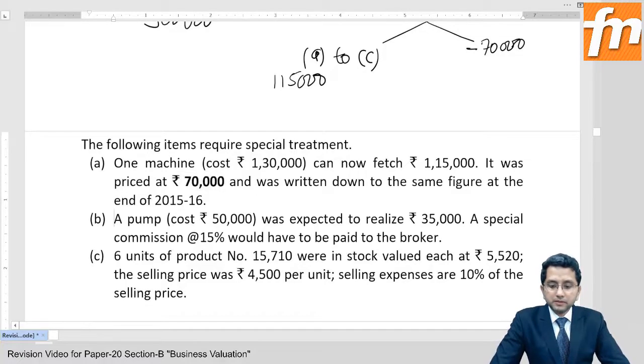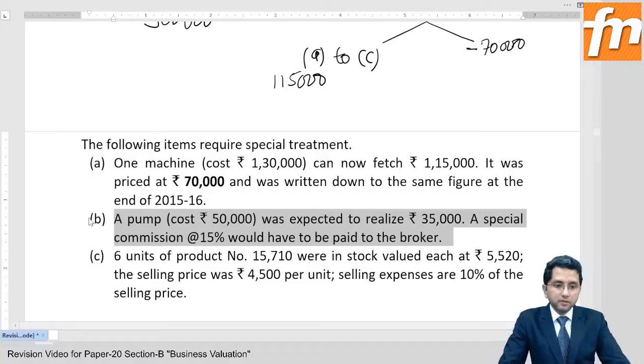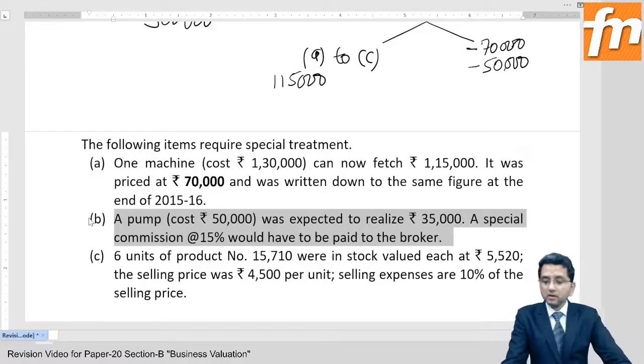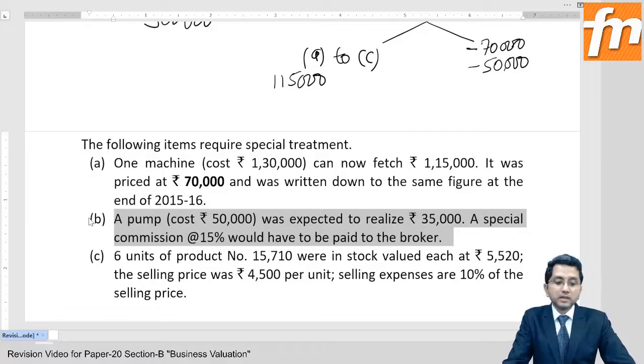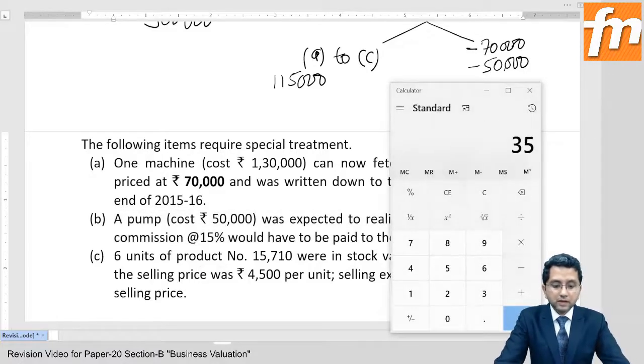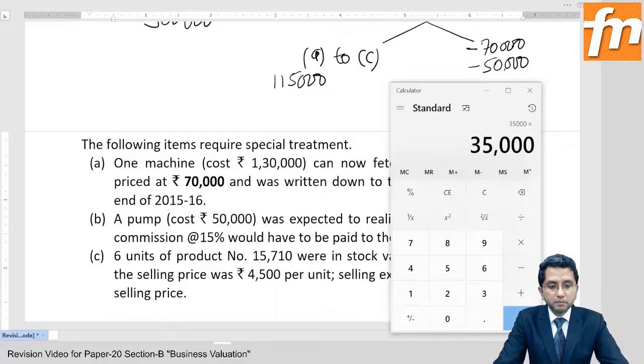Now a pump which costs rupees 50,000. Okay, so the second item is a pump which cost rupees 50,000 and was expected to realize rupees 35,000. A special commission of 15% would have to be paid to the broker. So 35,000 should be multiplied by 0.85 because 15% is commission.